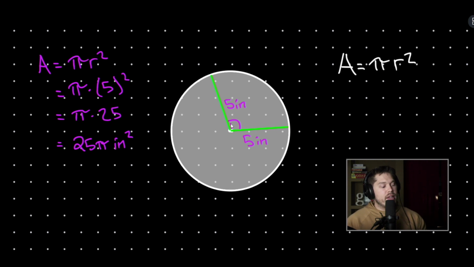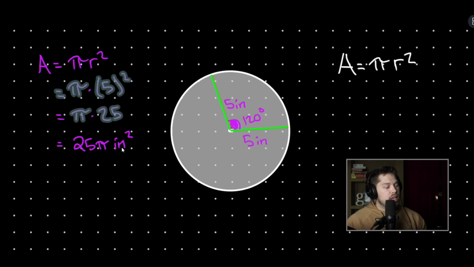And let's say the angle between our two radii is 120 degrees, and we want to know the area of this sector of our circle. How can we find this formula? What is this formula?